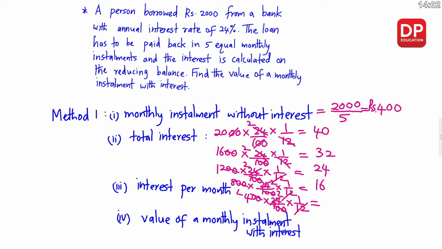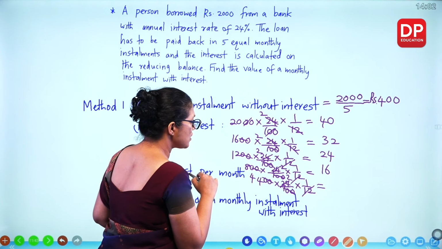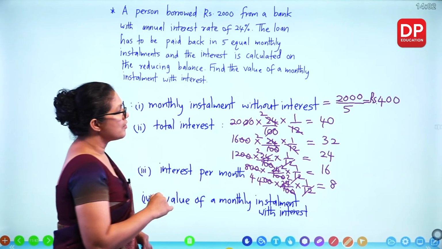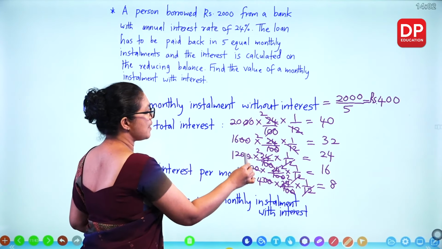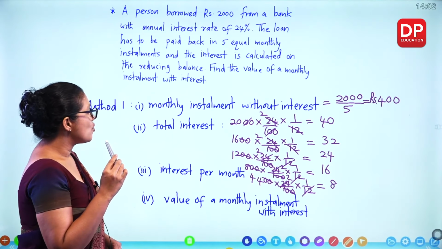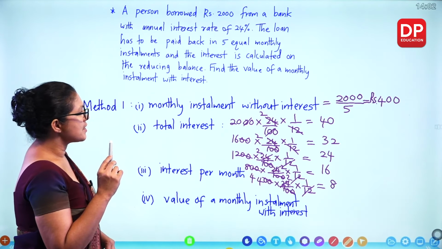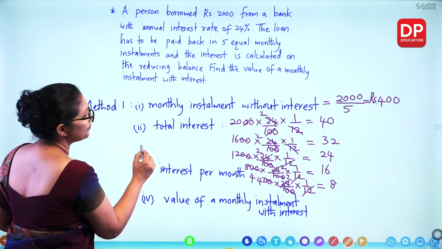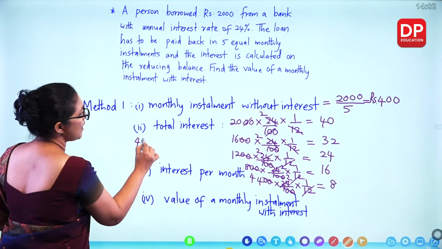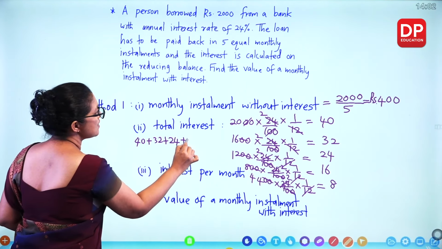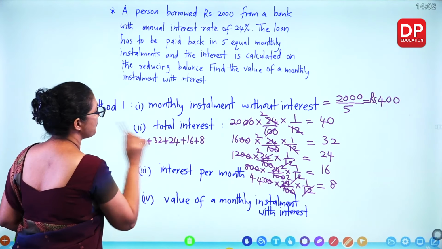You get 4 times 2, 8 rupees. So this is for the first month, second month, and so on, it's reducing. The interest is reducing. So what's the total interest? Total interest is 40 plus 32 plus 24 plus 16 plus 8.